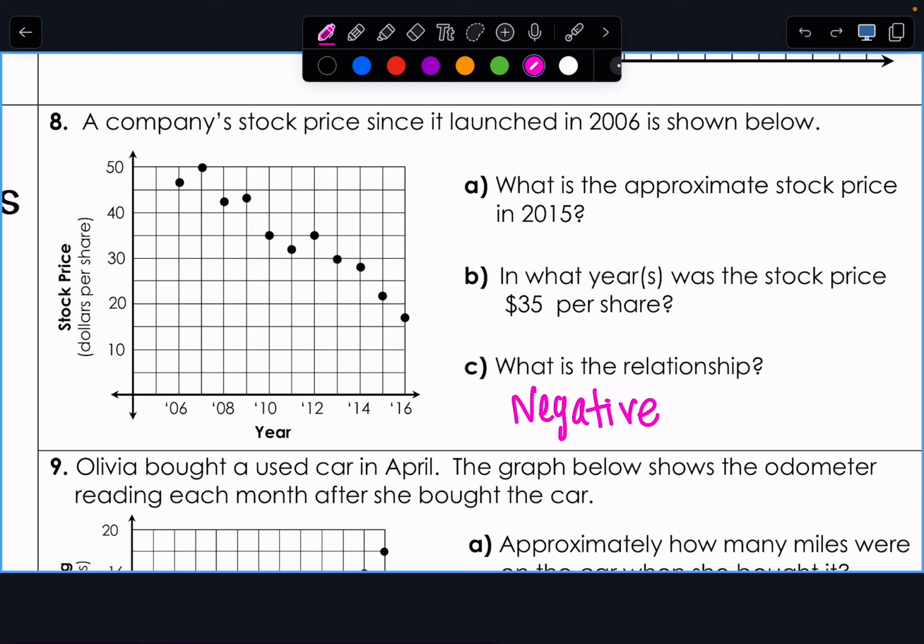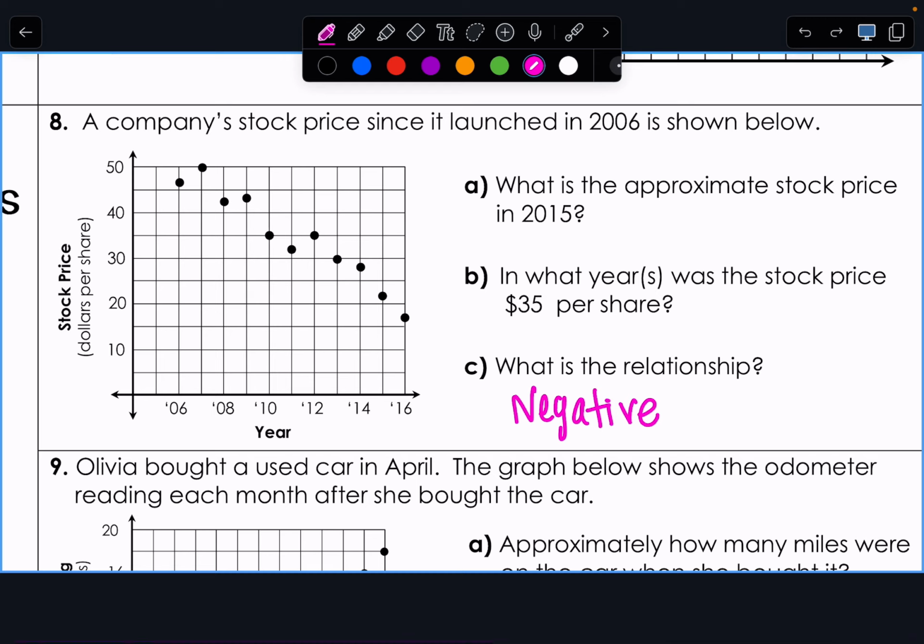Okay. Over here is the stock price. And look, dollars per share. Now, this is 10, this is 20. What would be right here? 15. Okay, good.